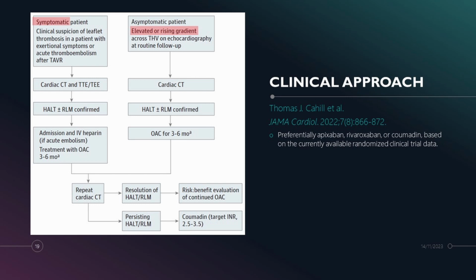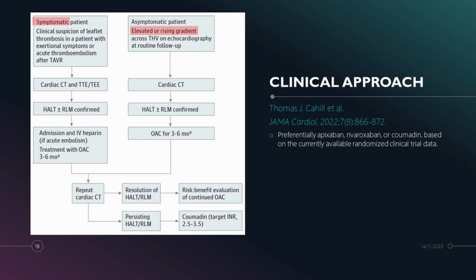If we confirm by CT scan, the patient should be admitted and given IV heparinization if there is acute embolism, and then we treat with oral anticoagulation for 3 to 6 months. After that, we repeat the CT scan. If the HALT is resolved, you have to check the bleeding risk.